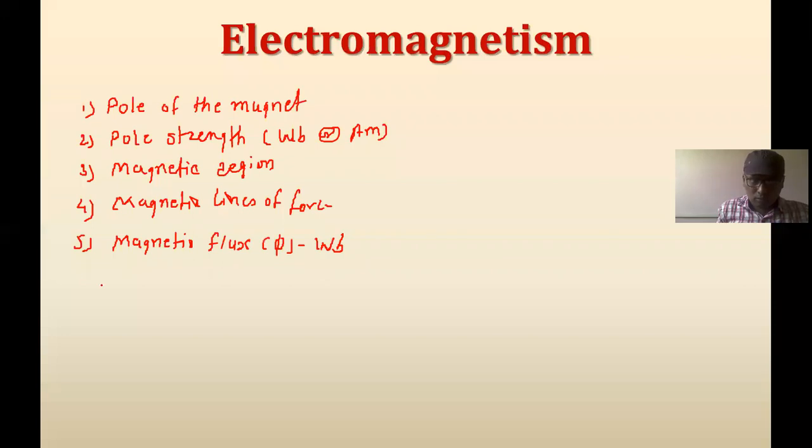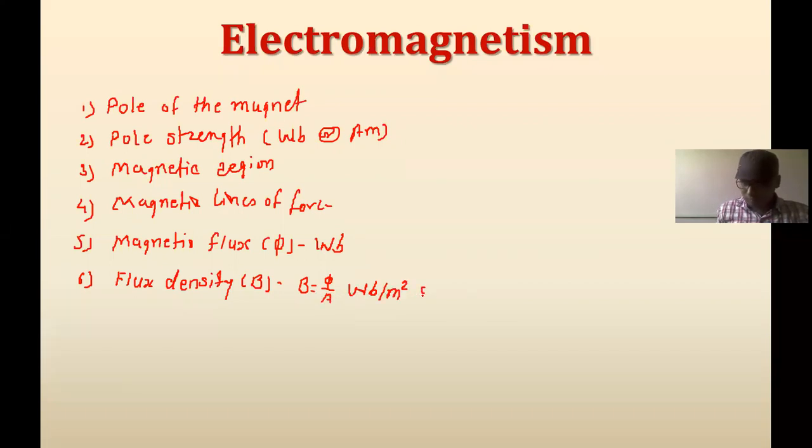The next one we discussed is flux density, and this flux density can be represented with B. Is it right? It has a formula: B is equal to phi upon A, so its unit is Weber per meter square, or Tesla. Is it right?